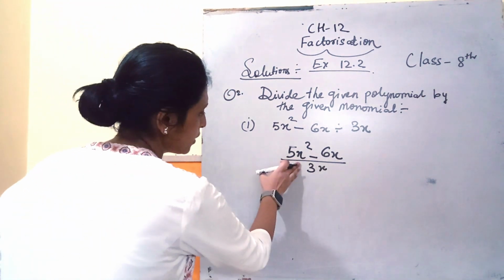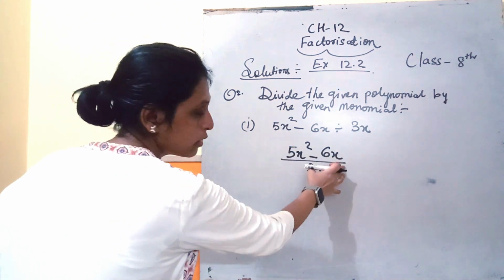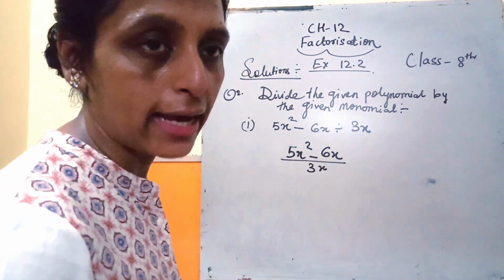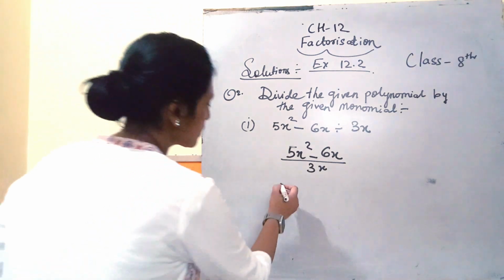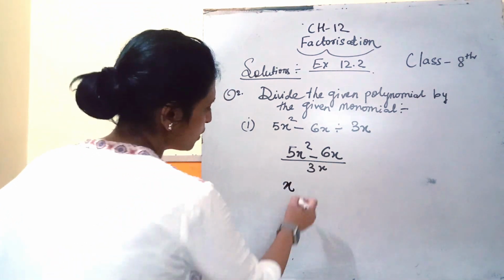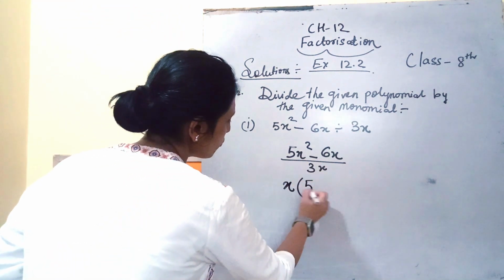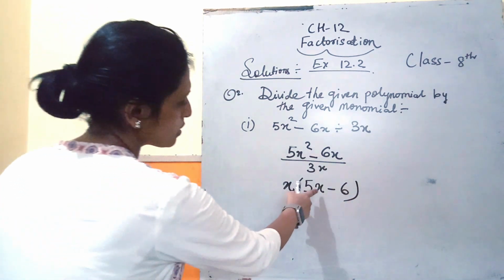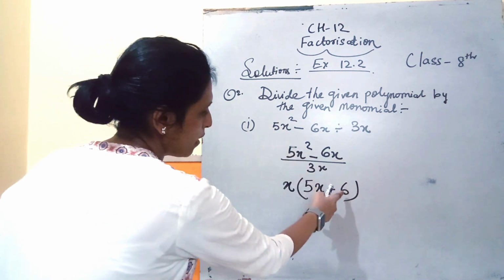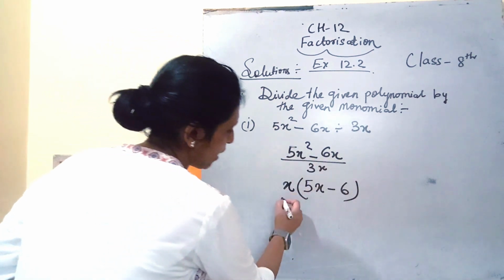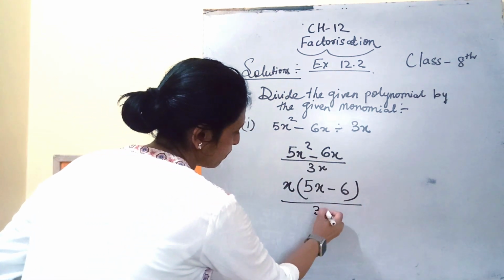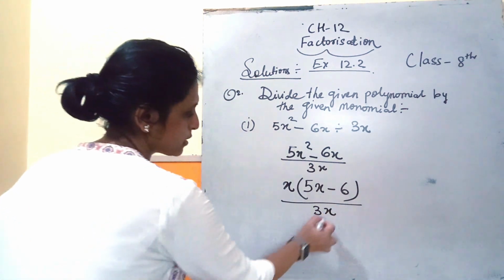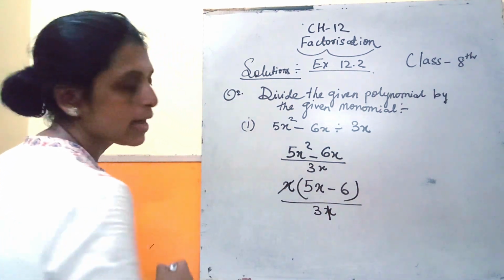So here there is x square and here there is 1x, so at least x we can take as common. Now we are left with 5x minus 6, because x into x is x square, and 6 into x is 6x, so we have taken x as the common factor. Now in the 3x, this x and this x will get cancelled.